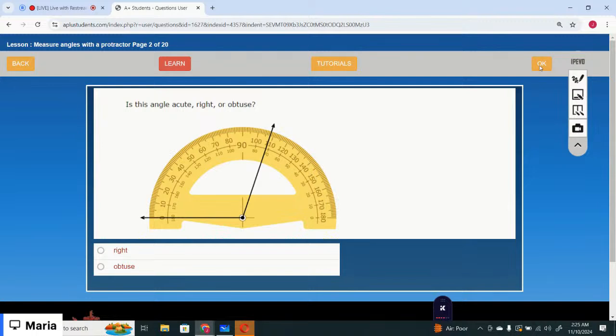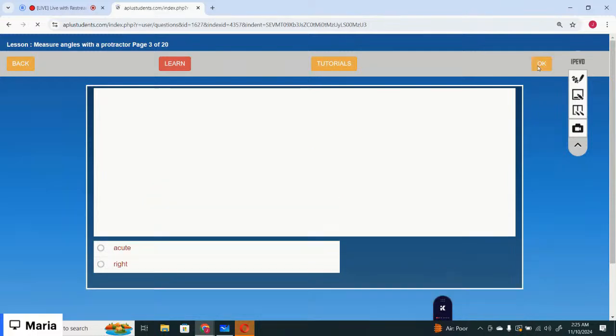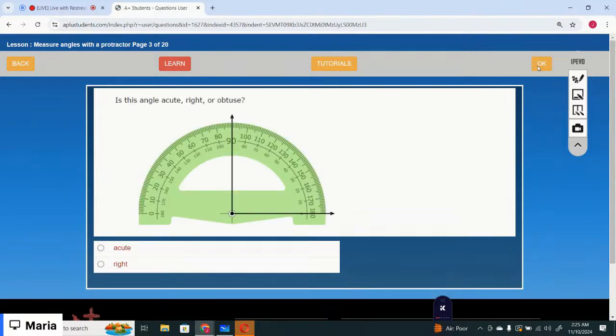Yes, that is more than 90 degrees, so obtuse angle it is, right? Option number 2 is the correct option. Is this angle acute, right, or obtuse?